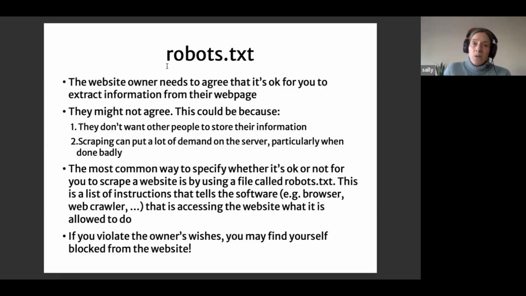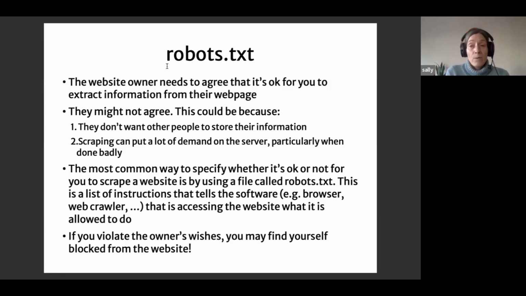So robots.txt is a file that exists on all web servers, and it tells you what you can or can't do with respect to that web page. So it's a series of instructions that are meant to be read by web scrapers. So this is the software that's going to extract the piece of information for you.